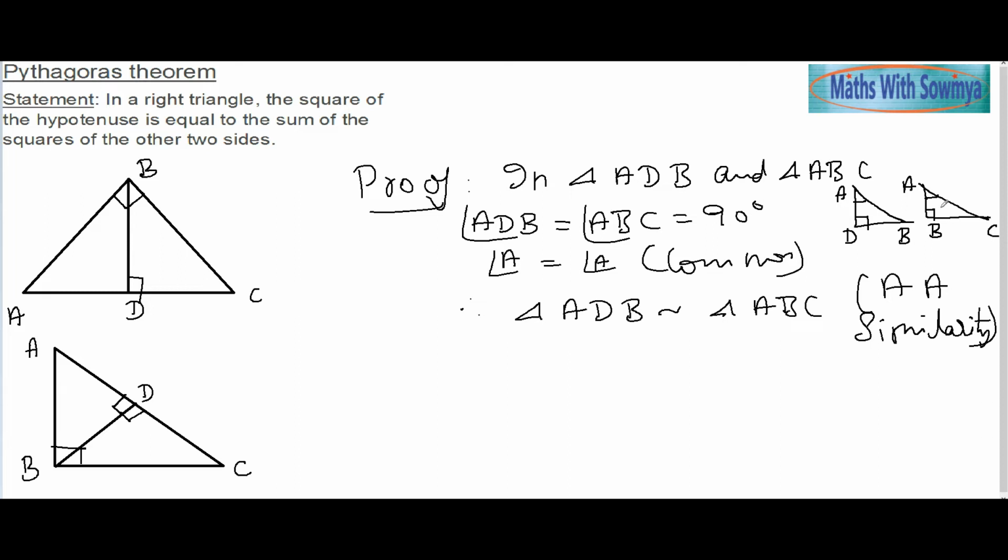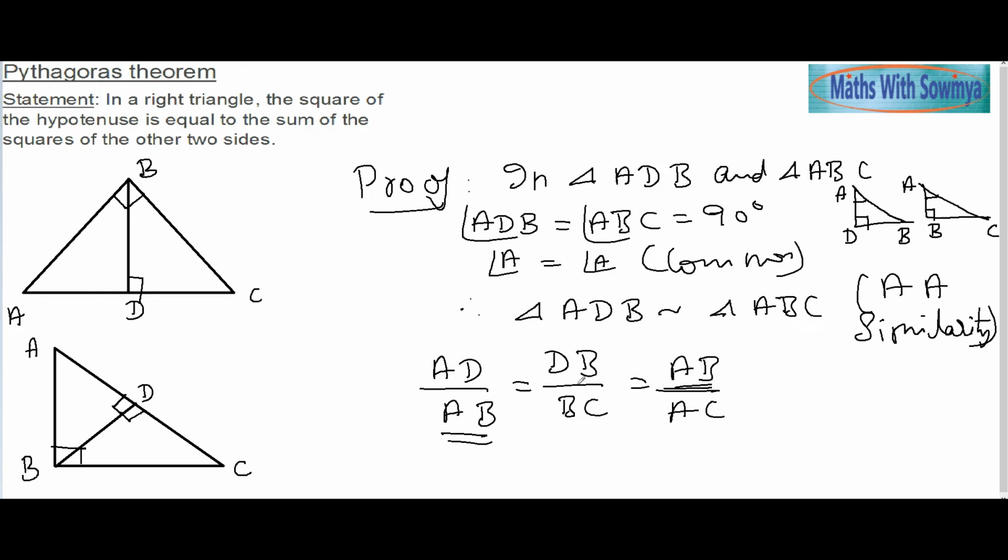So we have drawn the small pictures here. It will make it easy to go with it. AD by AB is equal to BD by BC, which is equal to AB by AC. AB and AB are common, so we pick them together now. That will help us to go further.